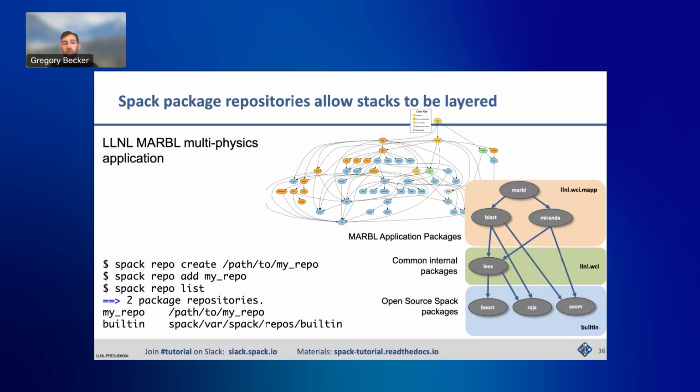So if you configure a repository, you can have new packages in it. You can also have copies. You can have implementations of existing packages that inherit from the built-in and tweak or add small bits of behavior without having to maintain the entire package yourself. And these repositories layer, as you can see in the example.